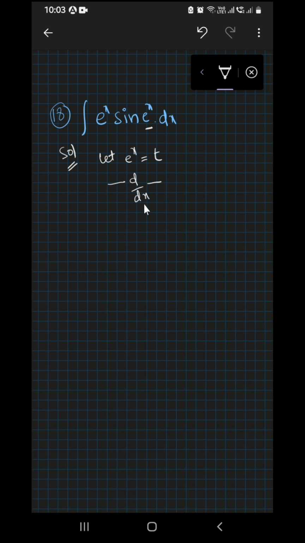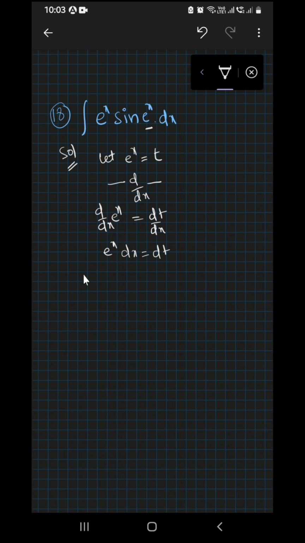We get d by dx of e power x is equal to d by dx of t. So d by dx of e power x is e power x only, and taking the dx to this side, we get e power x dx is equal to dt. So e power x dx combined is dt, and sine of e power x is sine t.